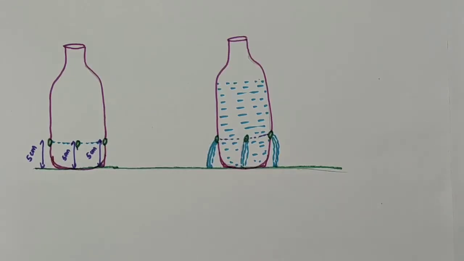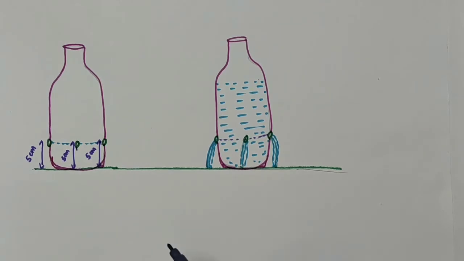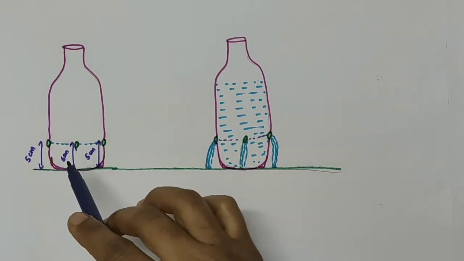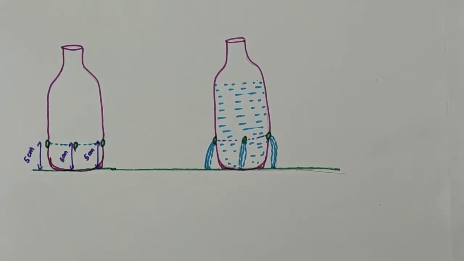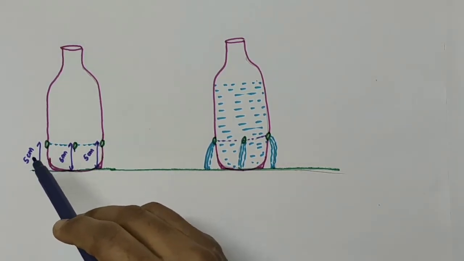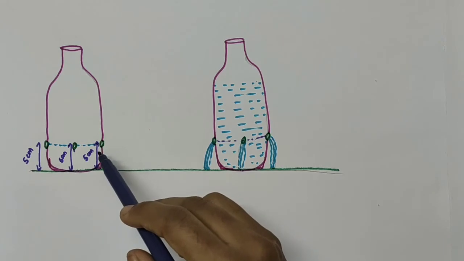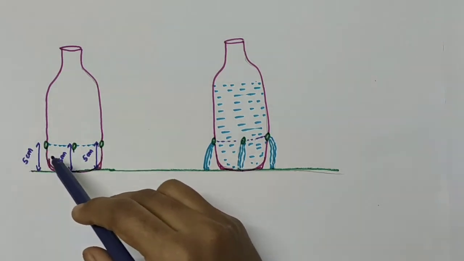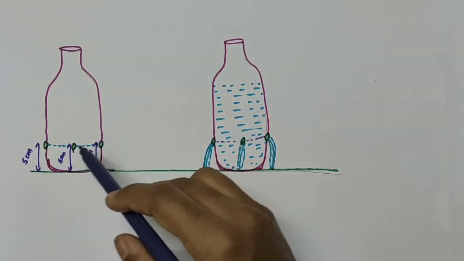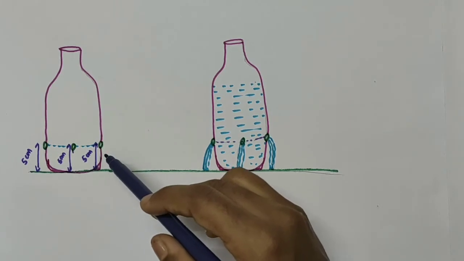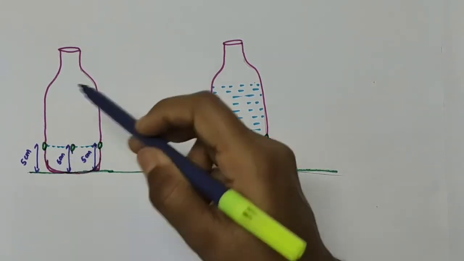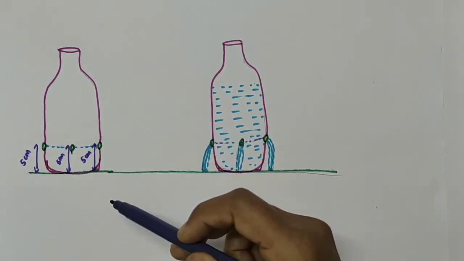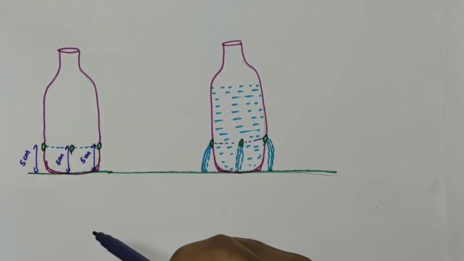Now, let us consider another example. Suppose this is an empty plastic bottle. We want to make 4 holes all around, near the bottom of the bottle. Here you can see only 3 holes because the 4th one is on the back side, the other side of the bottle.